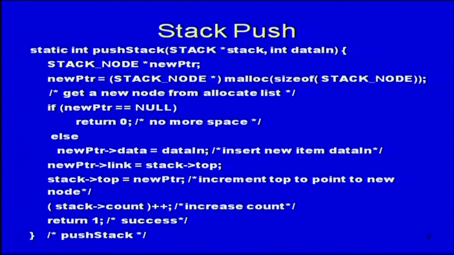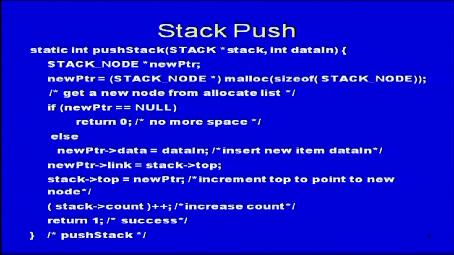So, this is the code for the push operation. First thing that we have to do is create a node. For creating a node, you have to get it from the allocated area. If there is no allocated area, that is, you cannot get a new node, then you cannot insert.